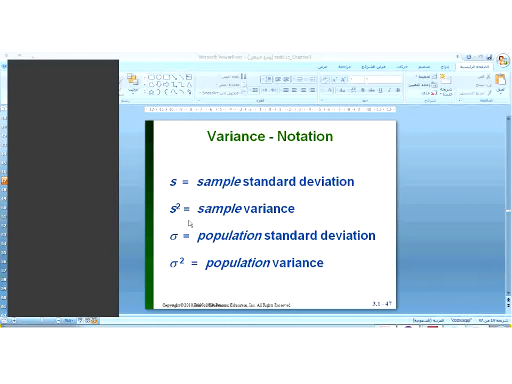And for the sample, what are we going to use? S. Clear? So when you see sigma, it refers to the population. But if you see S, it refers to the sample. If it's just S, is it a standard deviation or variance? It is a standard deviation, and when it's squared, it is the variance.